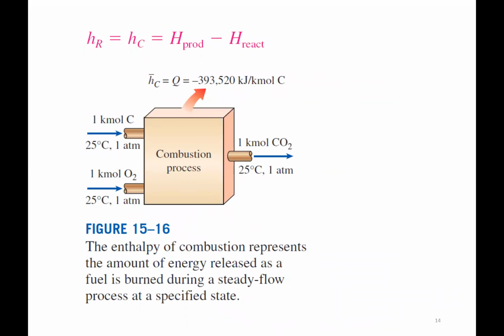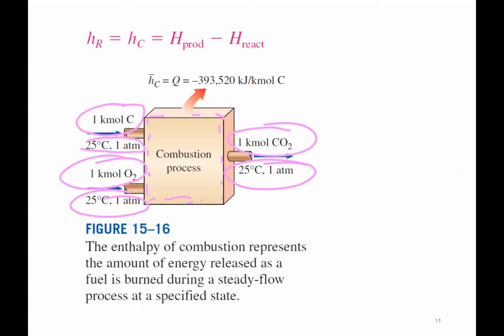All right, so it's again the same process, but it's showing you on one slide where we're taking our stable elements of carbon and oxygen and producing CO2. We're coming in at standard temperature and leaving at standard temperature. All the heat that comes out when we produce CO2 is this value, okay?